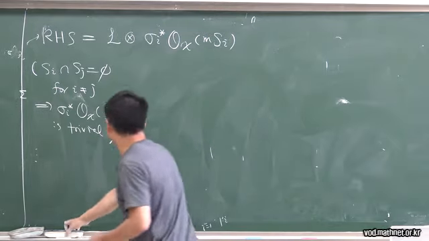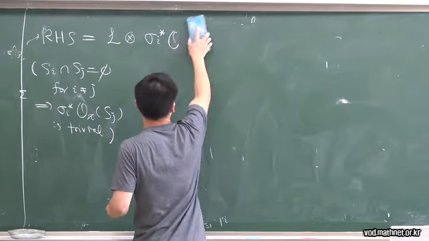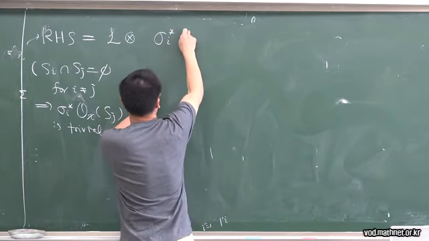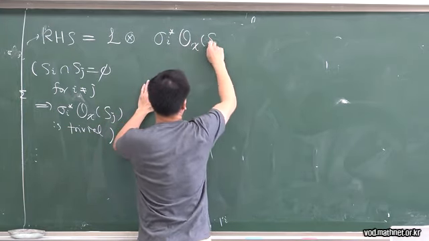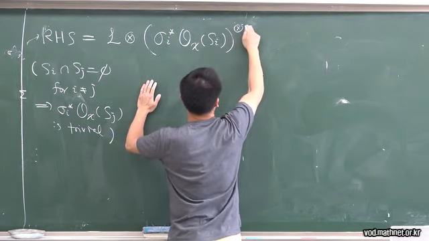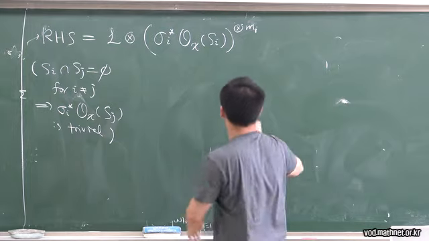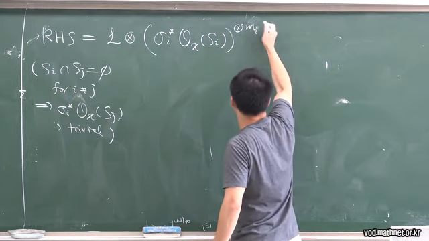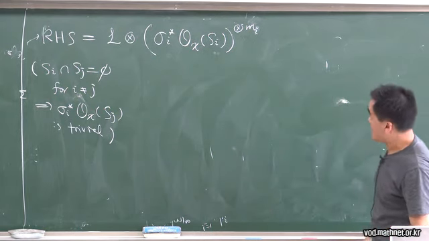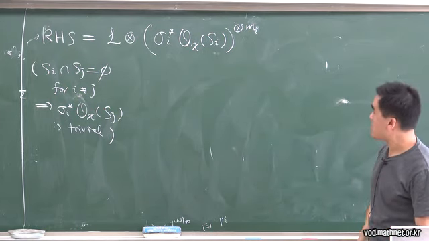Maybe let me also write it this way: I can take this m out, write sigma i pull back of O_X(Si) as this line bundle and raise it to the mi-th power. It's the same thing. That's the only possibly non-trivial line bundle class I need to rewrite. Okay.